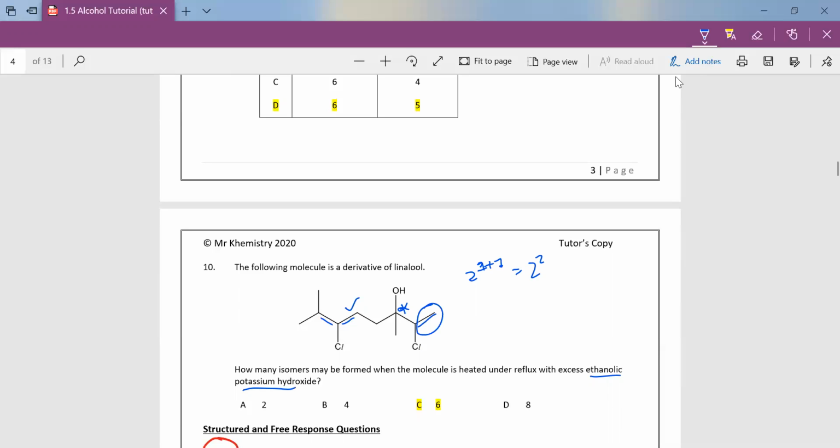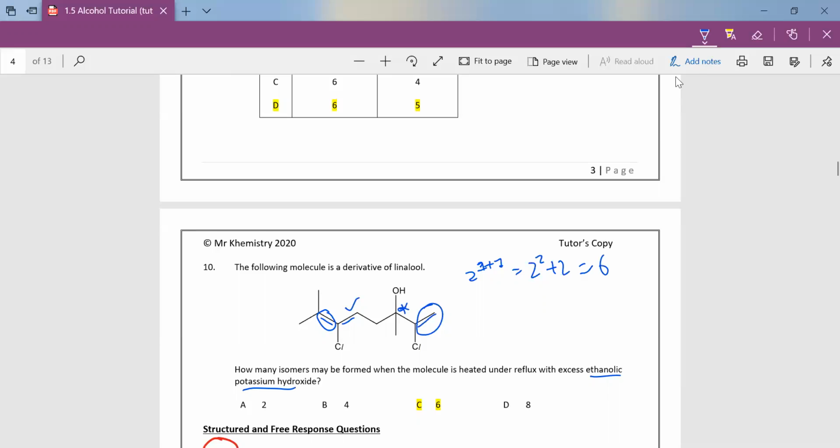Then cis-trans 1. Then there are 2 other alkenes which cannot form cis-trans, so plus 2.